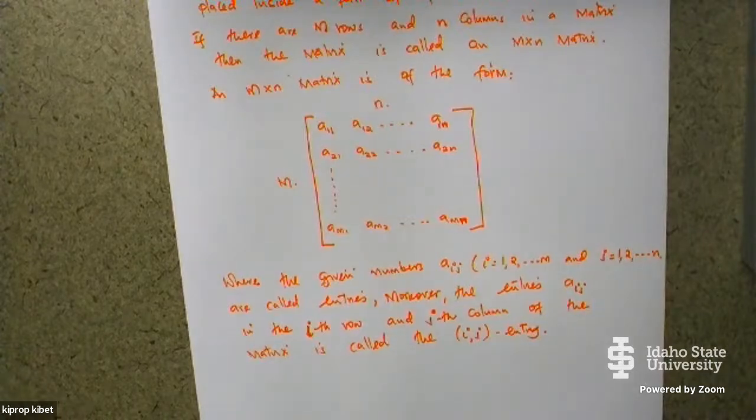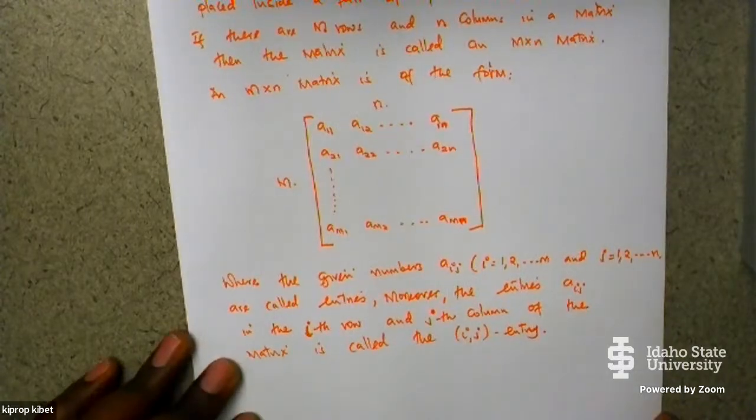So i is the row and then j is the column.